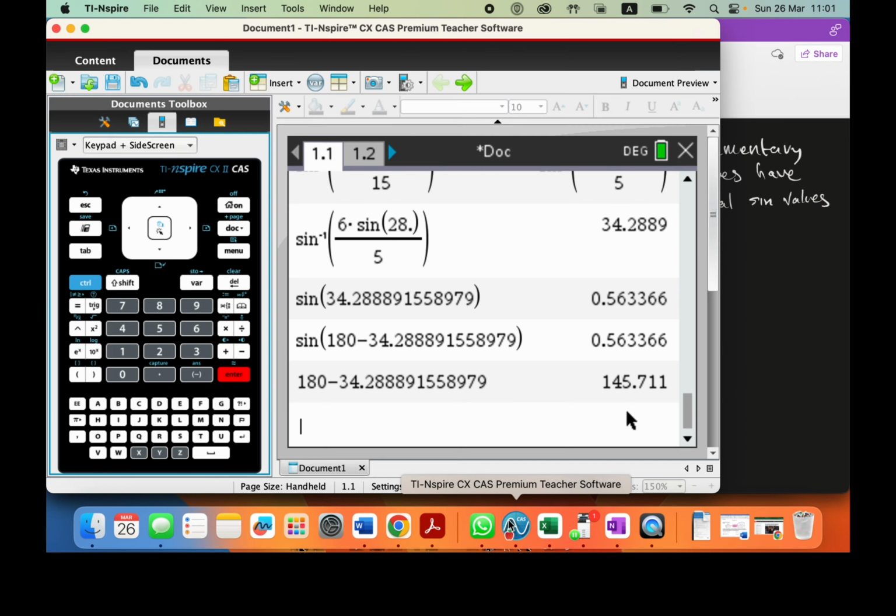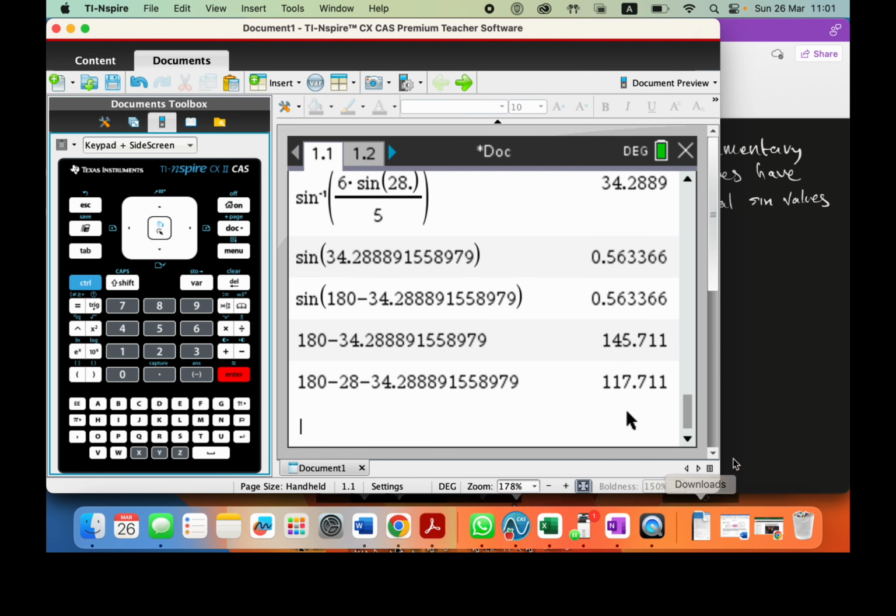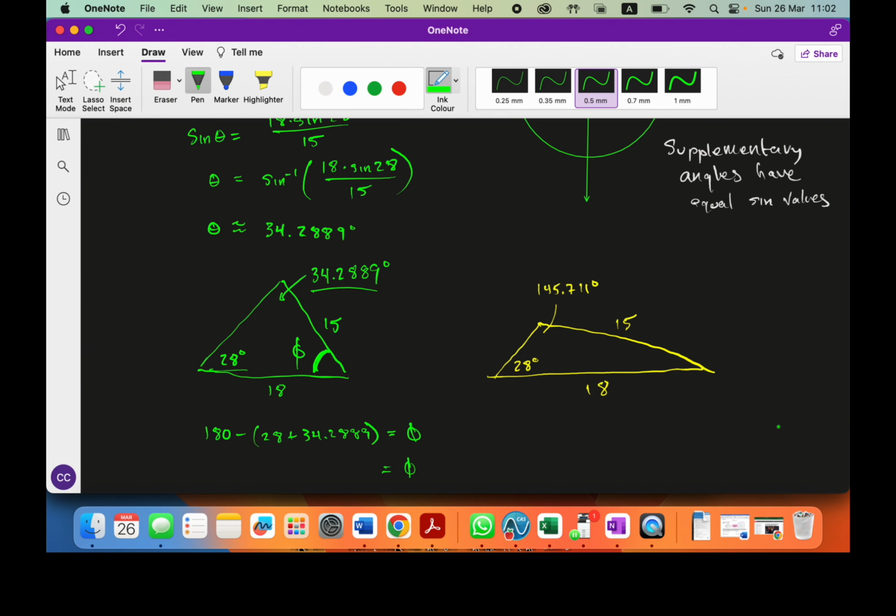And again, I'm just going to do 180 minus 28 minus that, which gives me 117.711 degrees. Similarly, in the other triangle, we can do the same thing, and we do 180 minus 28 plus 145.711, and I can find what this version of phi is.